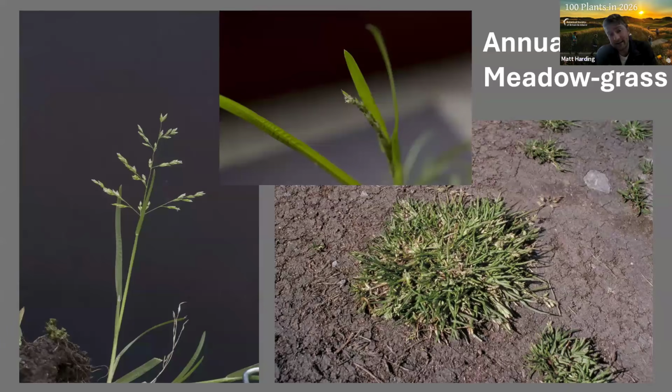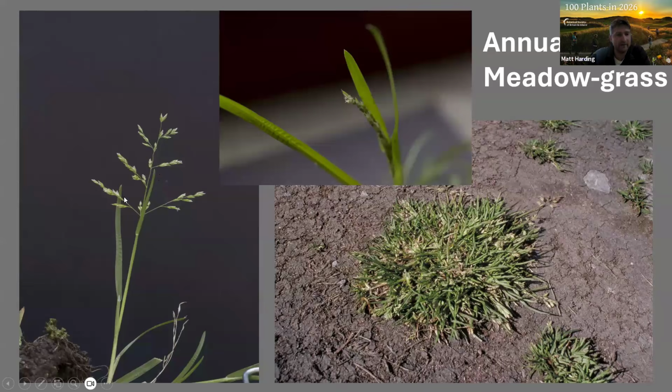And I've thrown in a grass. I am going to throw in the odd grass and sedge and rush because they're integral parts of a lot of habitats. This grass, annual meadowgrass, is probably the commonest urban grass growing on pavements and in cracks and on waste ground. It's a poa, the genus of poa, and as you can see, the tips of the leaves are kind of blunt and canoe-shaped or boat-shaped, and that's a really good distinction for this genus.